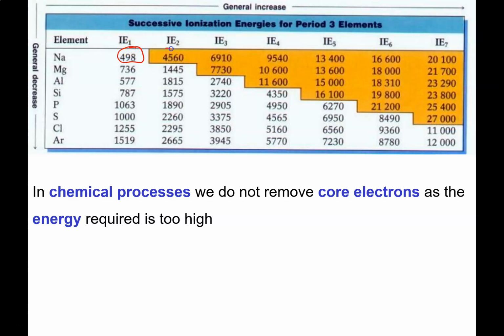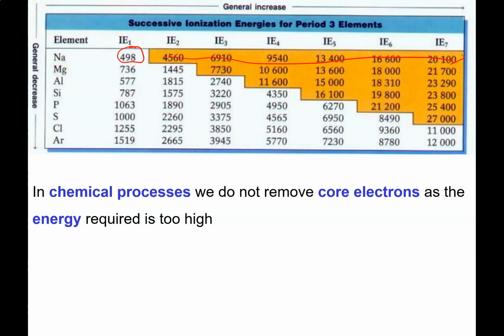If we look at the difference in ionization energy between IE1 and IE2, you see that it's huge. It's bigger than any of the other differences. Sure, all of these do increase, but there's a massive jump right there. That tells us that sodium has 1 valence electron.